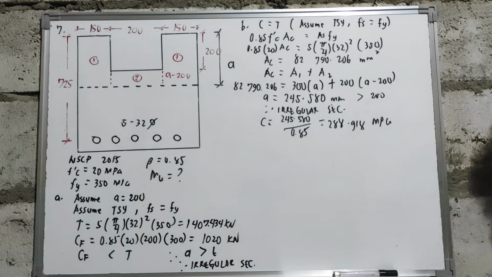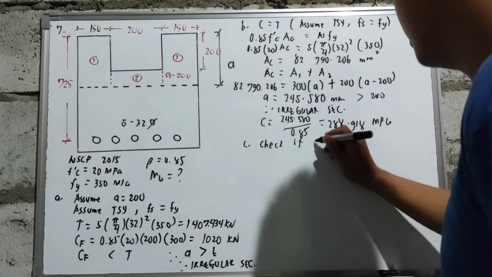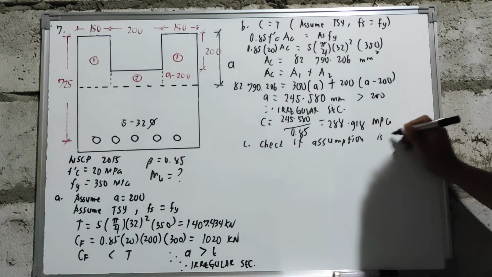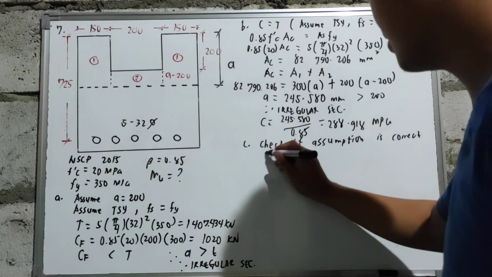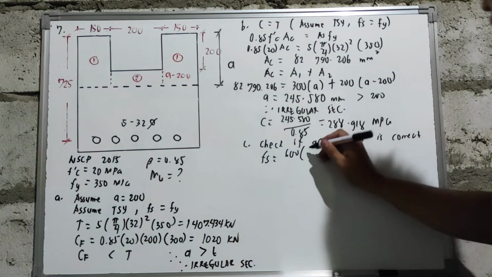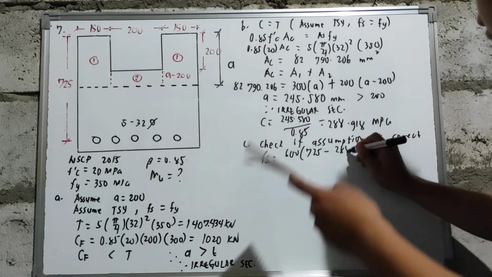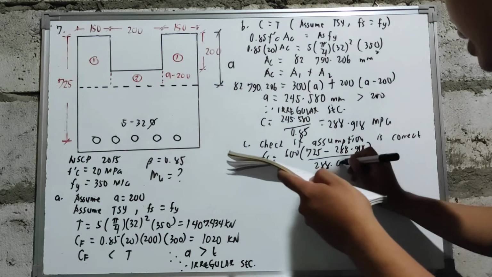mm. After that, we will going to check if our assumption is correct since we have the value of your C. So since ano lang naman to, single reinforced beam, kunin natin yung value ng Fs natin, 600, yung effective depth natin na 725 minus yung C natin which is equal to 288.918 divided by 288.918.